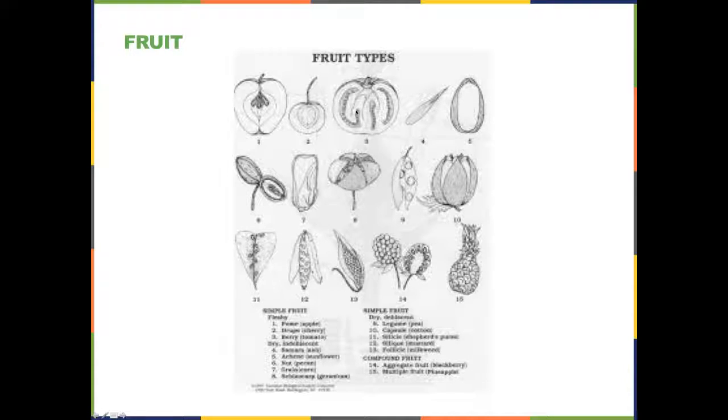And then the dry fruits, which are basically the rest. And you can see there are various names for dry fruits, samara, achene, and all of these names are also in your book. And you need to look at those because I may give you a few examples on the quiz for those different kinds of fruits.